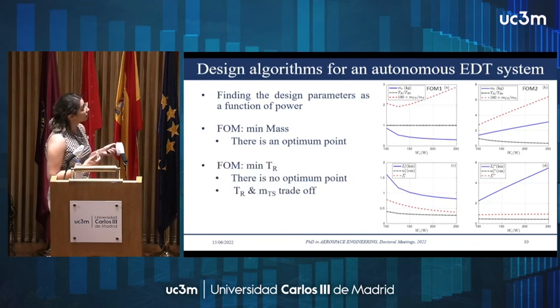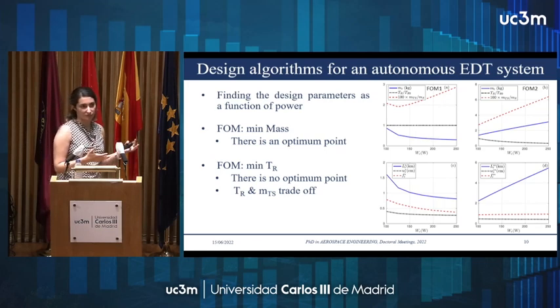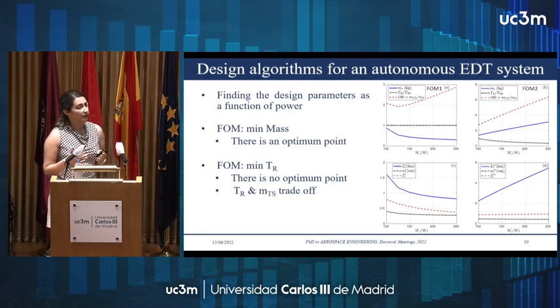But in the case of minimum reboost time, there isn't any optimum point, because you should make a trade-off between the weight, the mass, and the time. For shorter time, you need a heavier system.